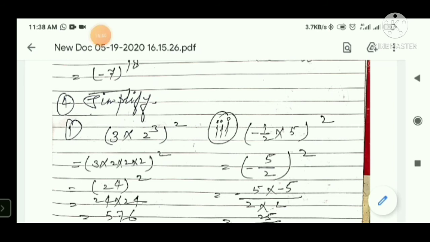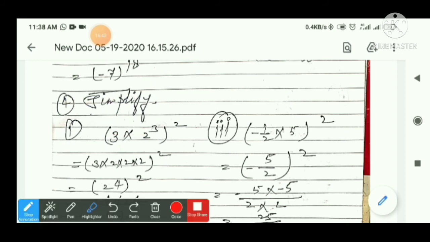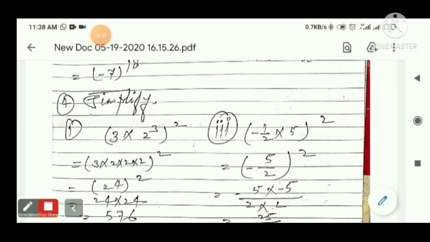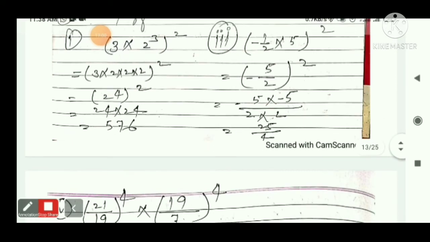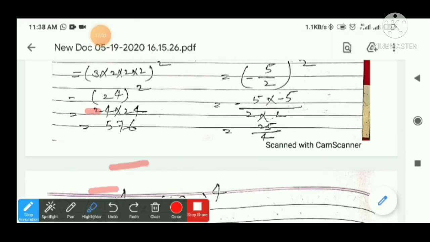So students, we will do 3 multiply 2 raised 3, so we multiply 3 times of 2: 2 multiply 2 multiply 2 is 8, and 8 times 3 is 24. Then 24 raised 2, so we multiply 2 times of 24: 24 multiplied by 24 is 576. Okay students, any problem?